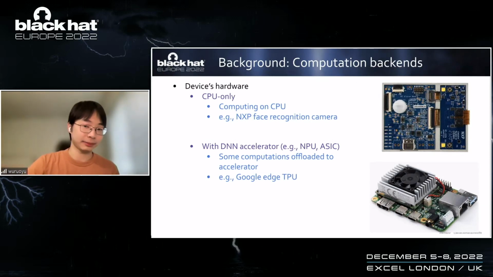For example, as we mentioned, there's a face recognition camera released by NXP, and all the computation happens on the CPU. There are also some other embedded systems that need more computation power, and they will be equipped with a DNN accelerator, such as Google Edge TPU.